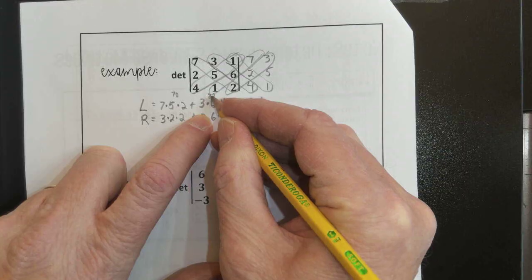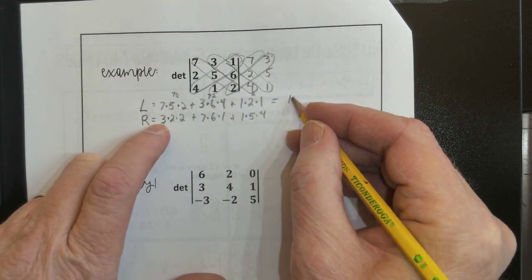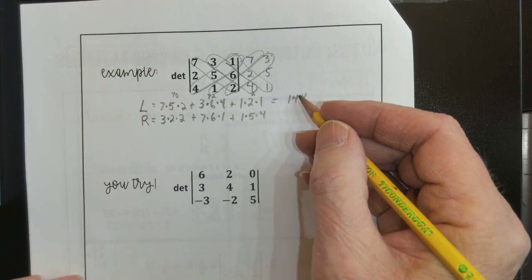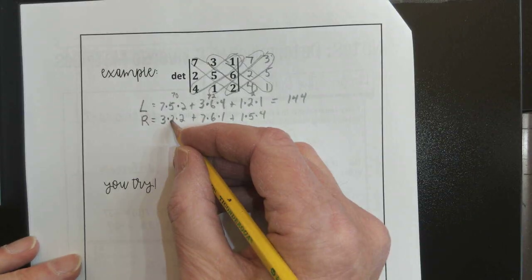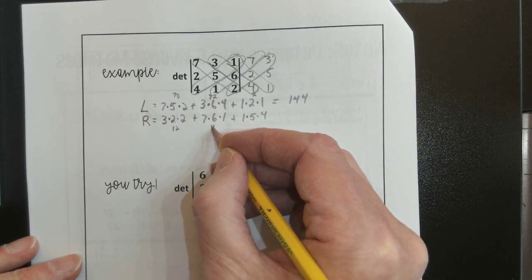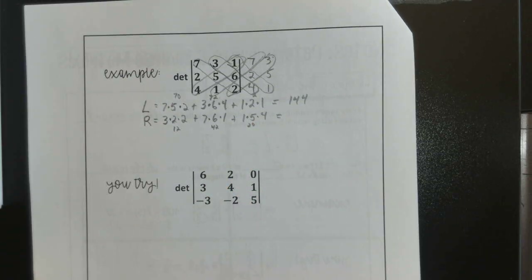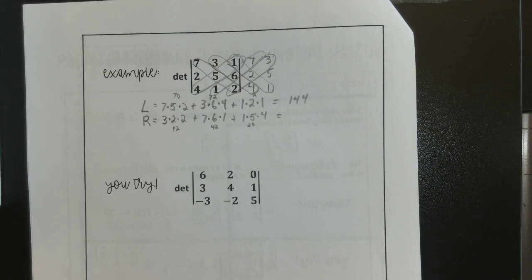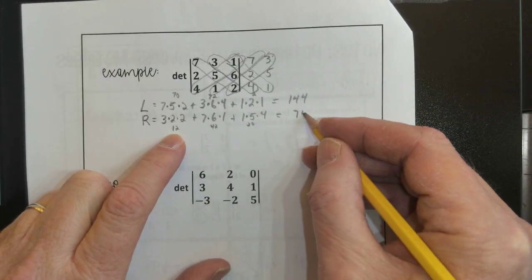This is 72, and that's 2. So I'm getting the left value to be 144, if you guys have been calculating. You can check me on that. That's 12, that's 42, and that's 20. The right value, 54 and 20, 74.